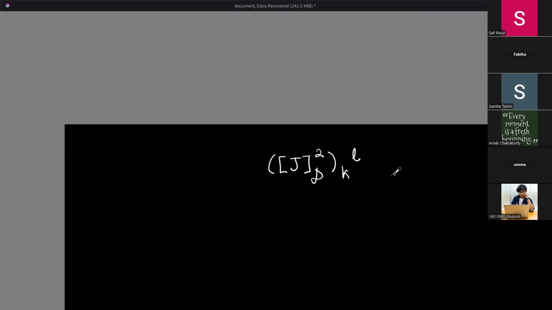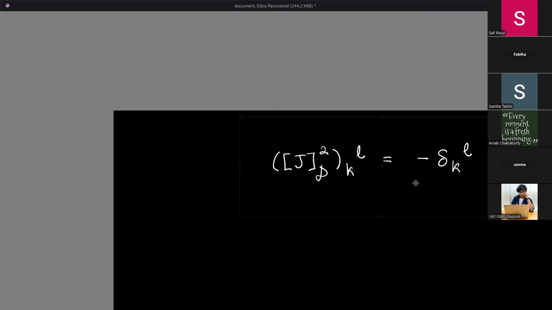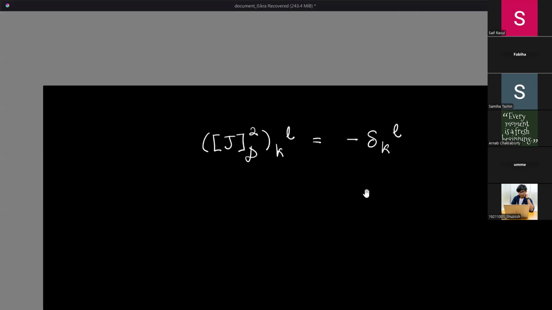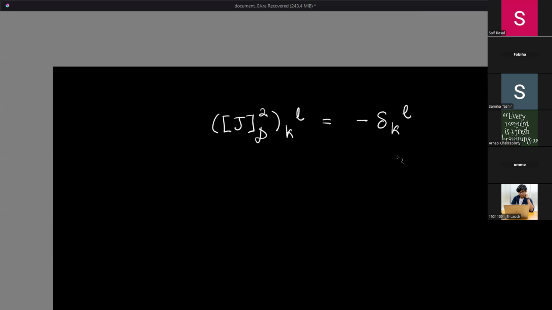Take the KLth element of that. That will be equal to minus delta KL. So again, we come to this symbol called the Kronecker delta. It gives us 0 if K and L are not equal, and it gives us 1 if K and L are equal. That's what we want. That's what gives us that diagonal matrix. So this is the negative identity expressed in terms of indices.